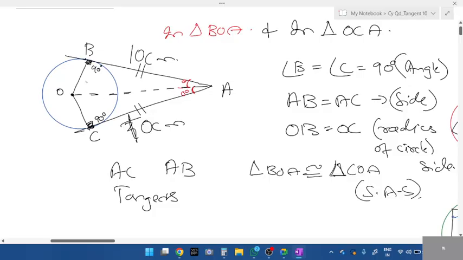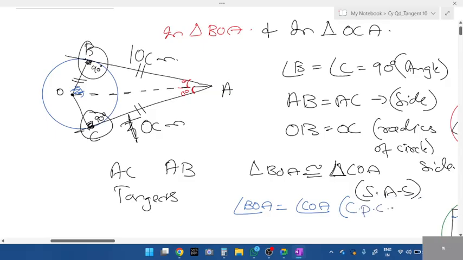Look, the angle is in between. Two sides are equal, so the corresponding angles also will be equal. What are the corresponding angles, students? Tell me. Angle BOA will be equal to angle COA.